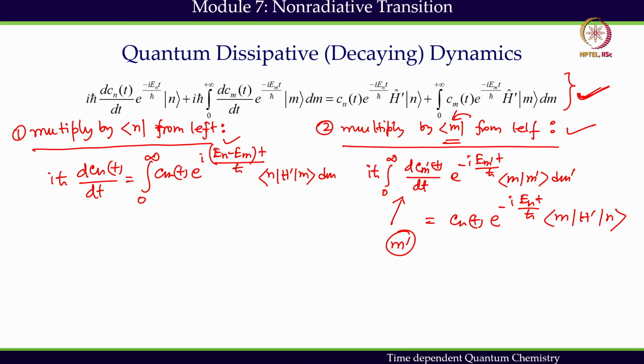This is just a convenient way of representing the integration. We don't want to mix up two different m's here. Here we are multiplying by a particular state m, and that's why the integration is running over the m states.